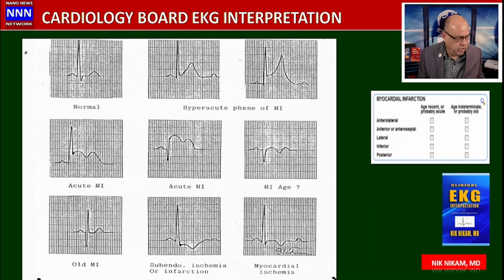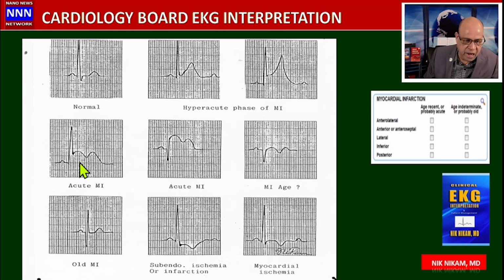This is something which Marriott used to describe, these early changes on the electrocardiogram, because in those days, electrocardiogram was the standard for diagnosing myocardial infarction. Anyway, the straightening of the ST segment is then followed by lifting of the J point, that is leading to the ST elevation and hyperacute T waves, similar to the T waves that we may see in patients with hyperkalemia.